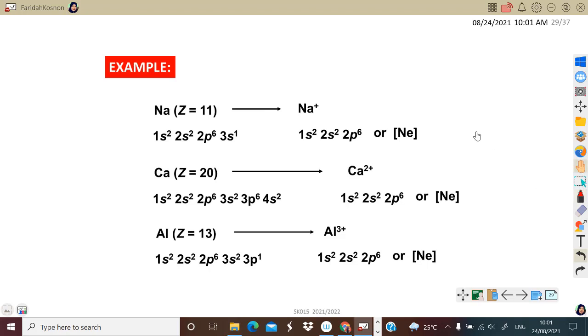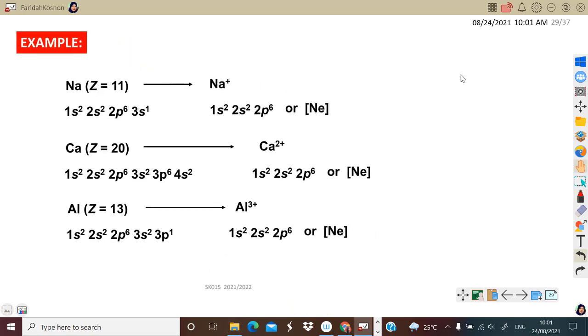Okay, for example, let's say sodium forms sodium ion. Bila kita nak rujuk kepada electronic configuration of ion itu, first kita lihat kepada electronic configuration of the neutral atom. So this is the electronic configuration of sodium.